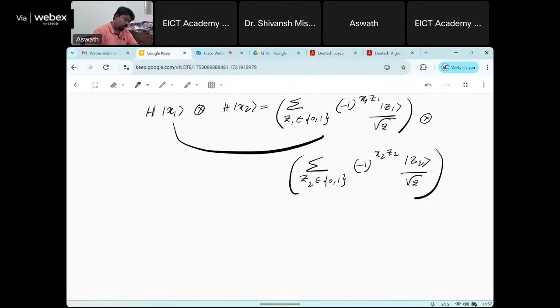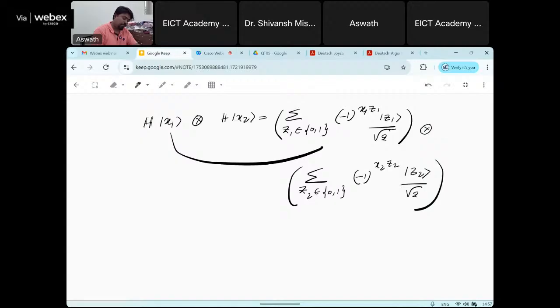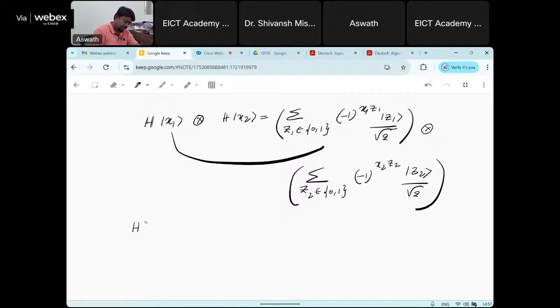Now if you put them all together, h tensor square acting on x1 x2 would look like this.